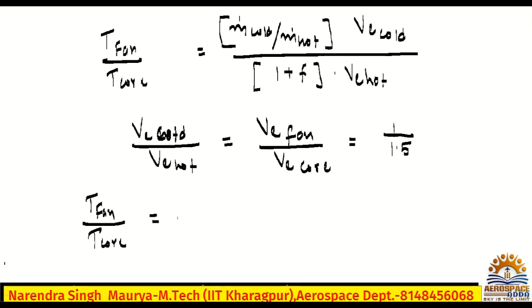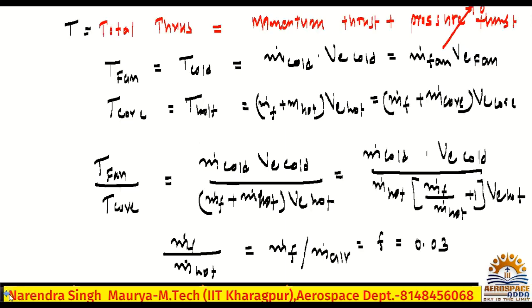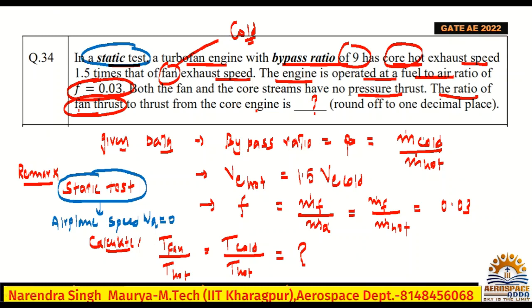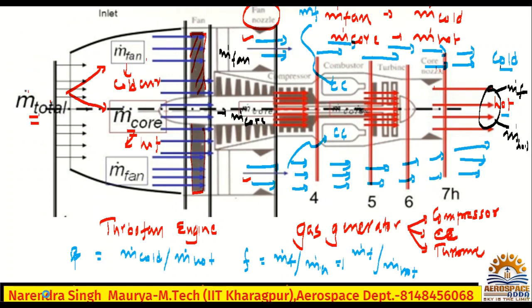I will write this m dot cold by m dot hot, which is nothing but the bypass ratio. See, m dot cold by m dot hot, what is the value given? How much is it given? See, 9. So this value is 9. Okay, all the values you need to write here. So check.